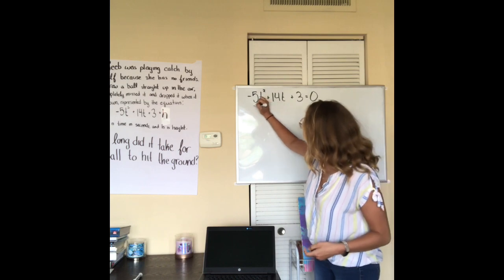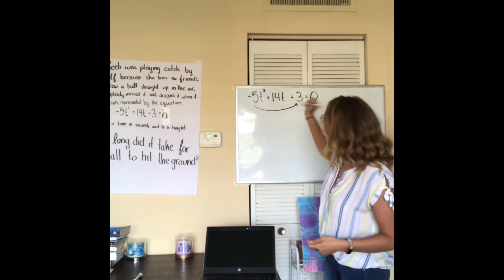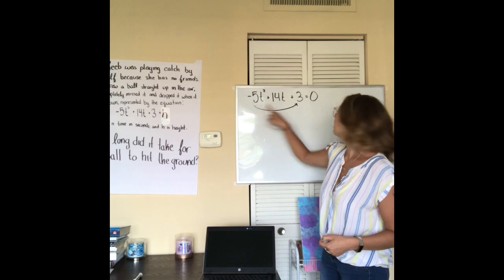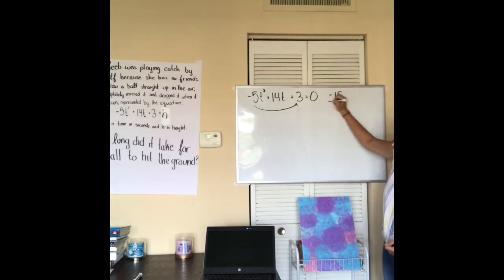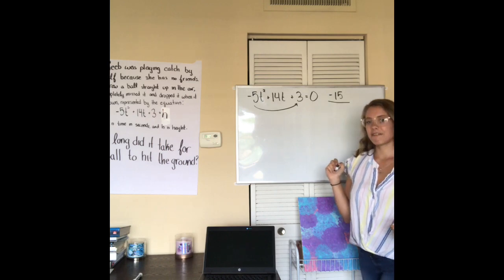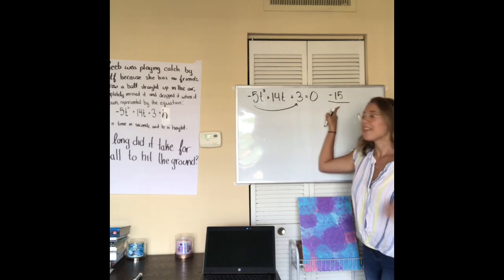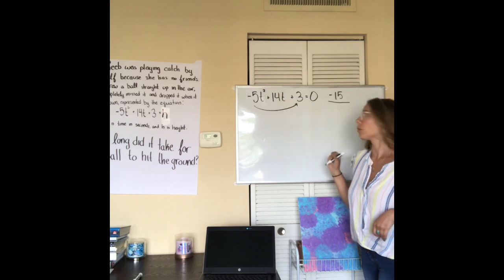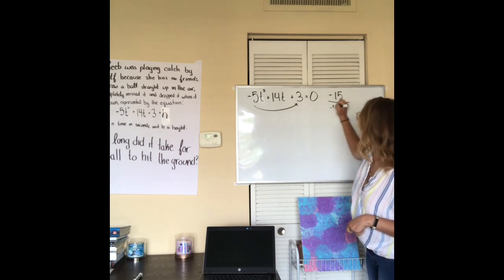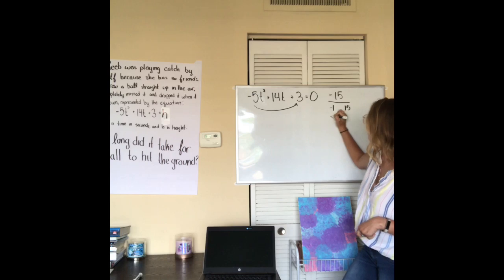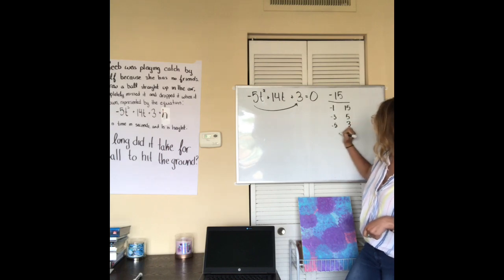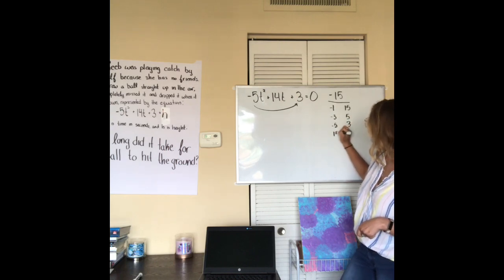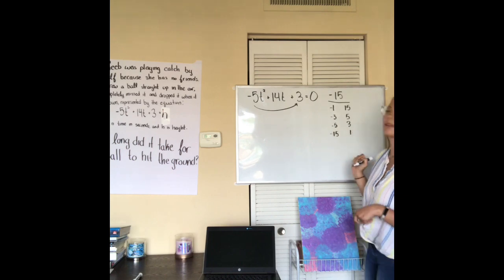I will slip my negative 5 into my 3. Negative 5 times 3 is negative 15. And now I need to find a factor pair of negative 15 that adds up to positive 14. So I've got negative 1 and 15, negative 3 and 5, negative 5 and 3, and negative 15 and positive 1.